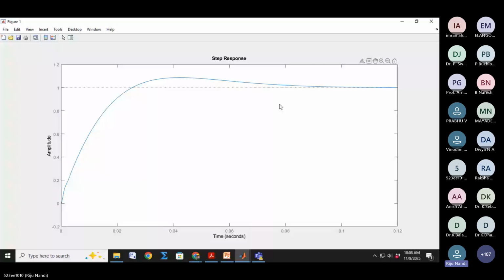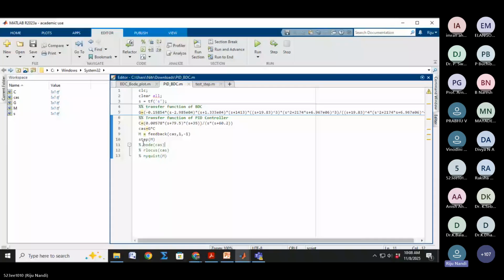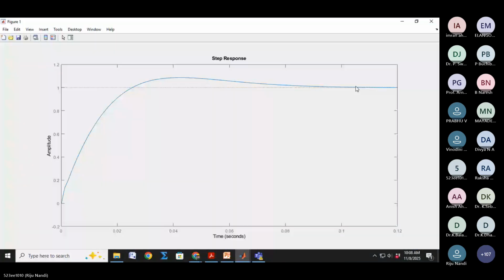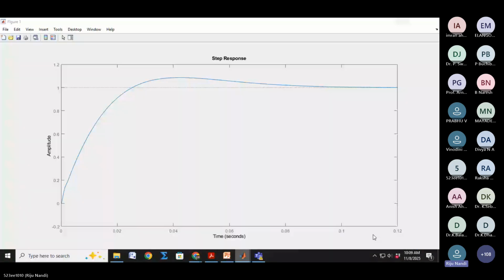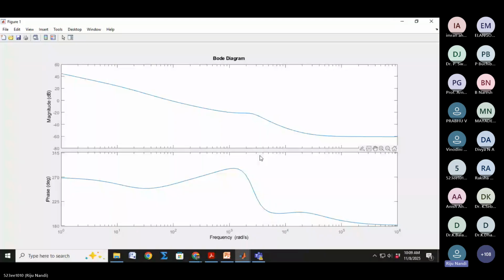You can also go for the Bode plot, Control R and Bode also, Control T. After running, you can see I've got this Bode plot diagram. You can see the gain margin plot also.